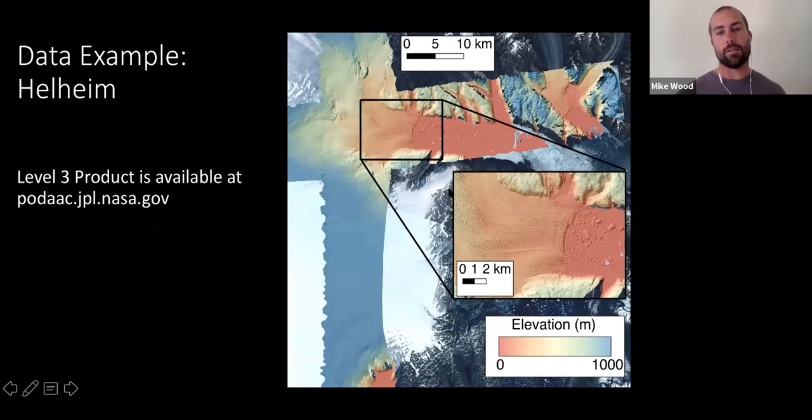So this is just one highlight of Helheim Glacier in southeast Greenland. And you can see just the immense amount of detail that is in these DEMs. So I've worked to create a level 3 product of these. It's available on the Physical Oceanography DAAC at JPL, and it's in a convenient netCDF format. So really primed for convenient analysis.